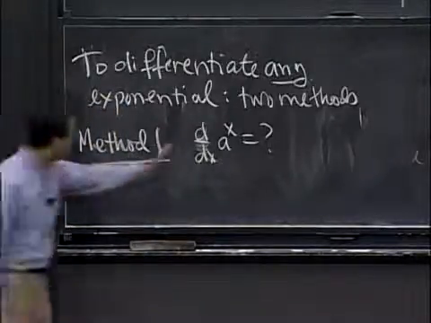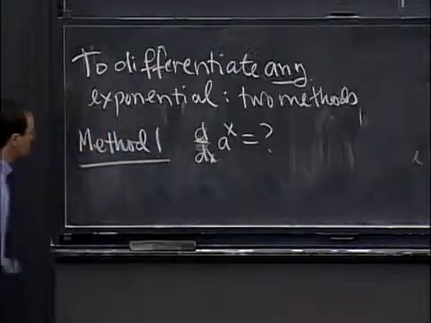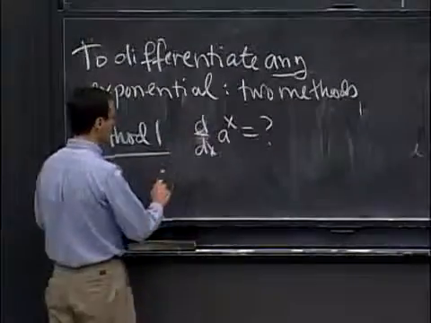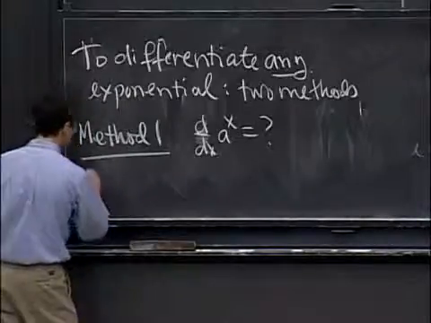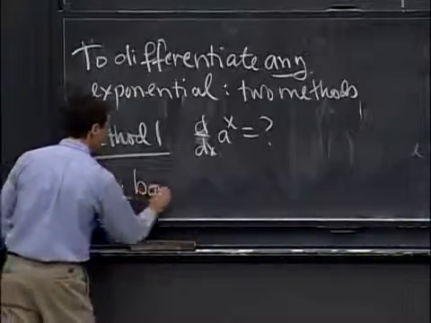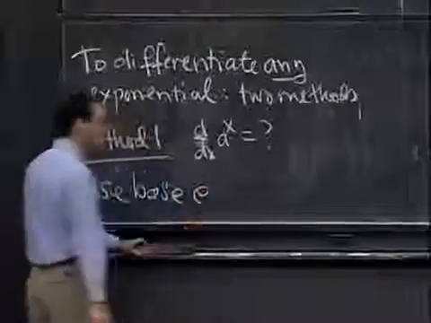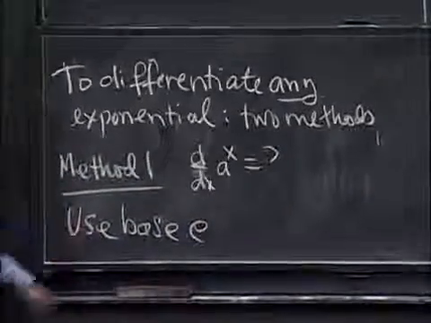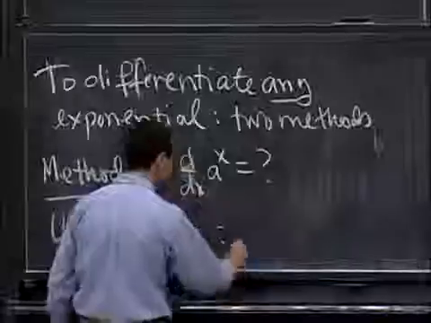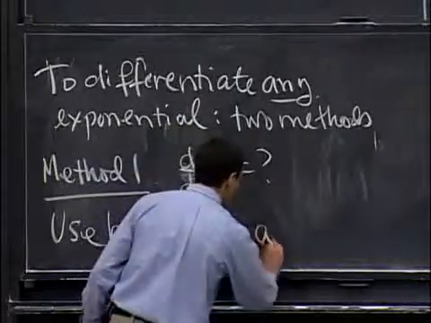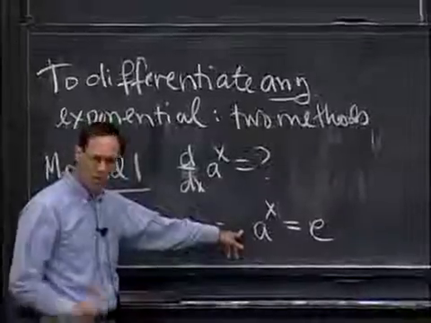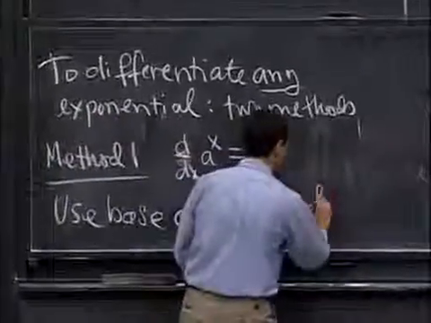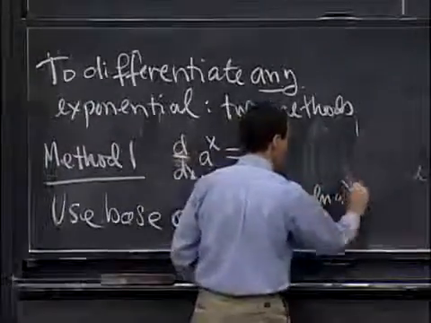Okay? So here it is. And here's the procedure. The procedure is to write, so the method is to use base e, or convert to base e. So how do you convert to base e? Well, you write a to the x as e to some power. So what power is it? It is e to the power log a to the power x.